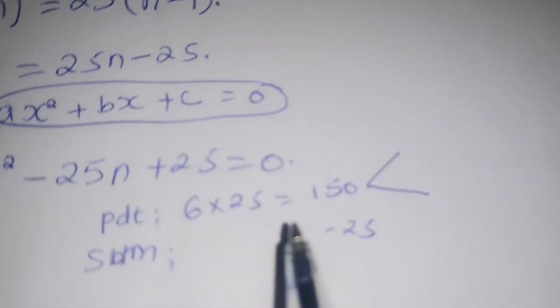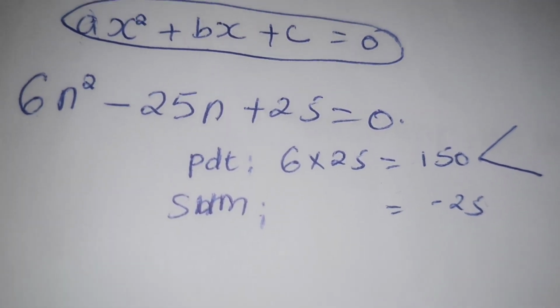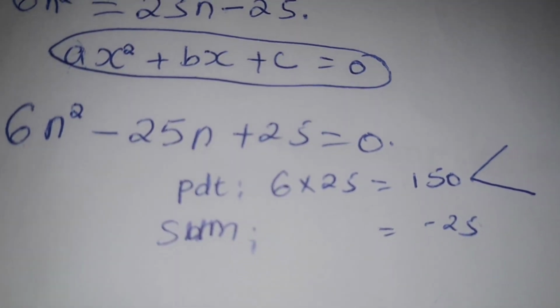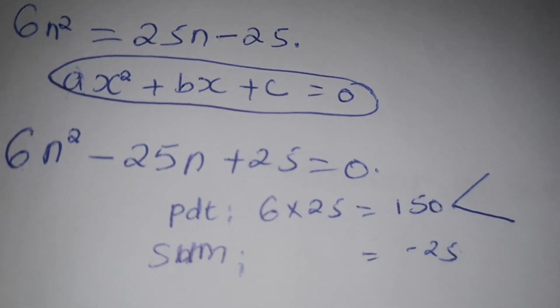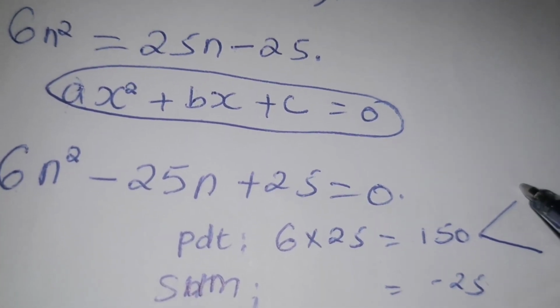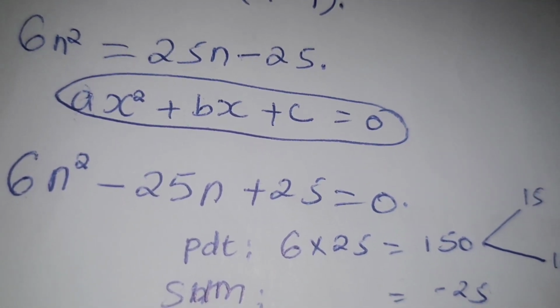The factors of 150 can be 1 and 150, but upon adding we do not get negative 25. Also we have 2 and 75, and so on. So going down, you notice that the required factors here will be 15 and 10.